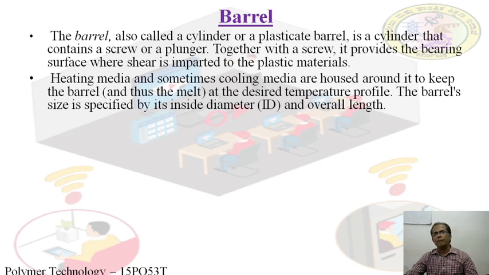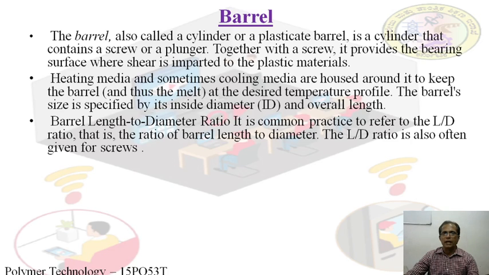Usually, electrical band heaters are provided onto the screw barrel. Heating media, sometimes cooling media, are also housed around it to keep the barrel at desired temperature profile. The barrel size is specified by its inside diameter and overall length.